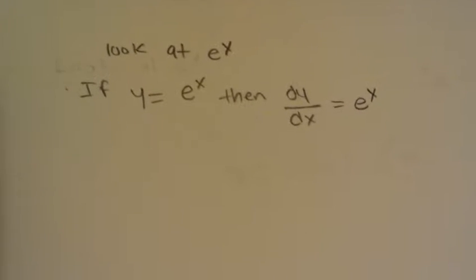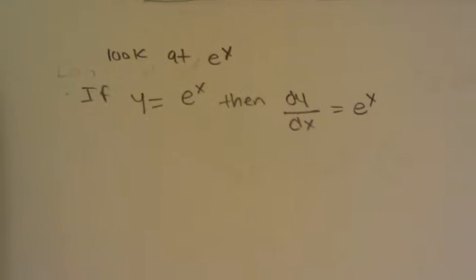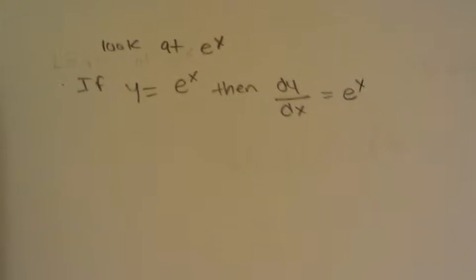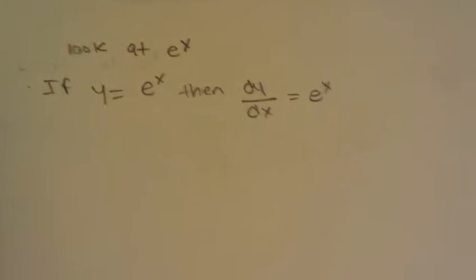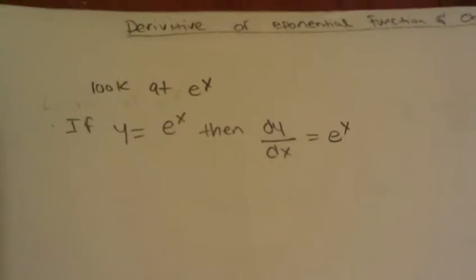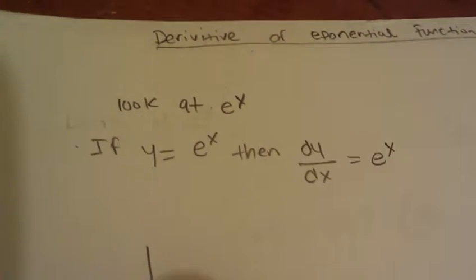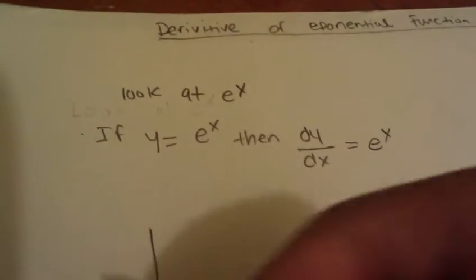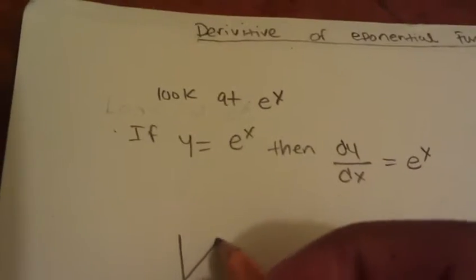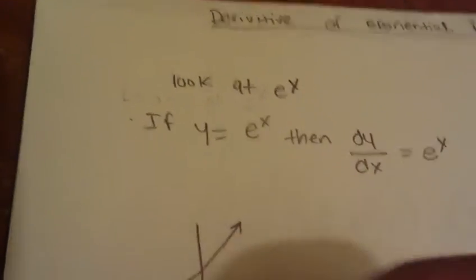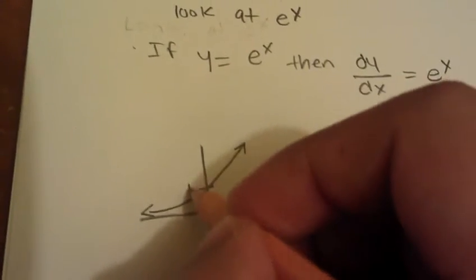This is the only function that has its own derivative. That's a special case. What this means is that if you were to graph this function, let me graph it here. The graph of the function looks something like this, exponentially increasing. This is 1.